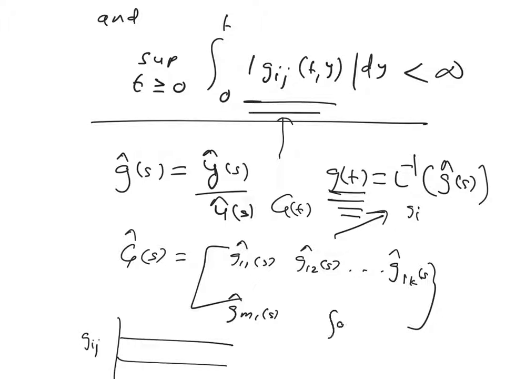Anything like 0.2 into dt will be 0.2 into t, right? So anything, if it is not converging to 0, if you integrate it, things are bad. Okay, so your g_ij impulse response, so each element has to be basically a decaying function of time.